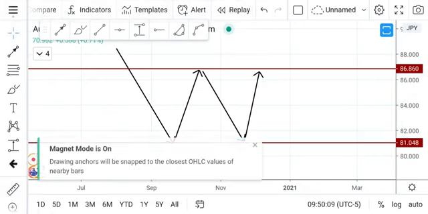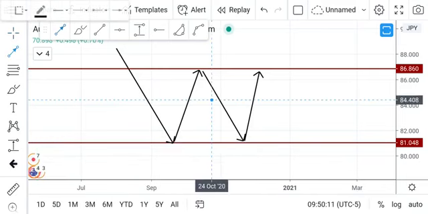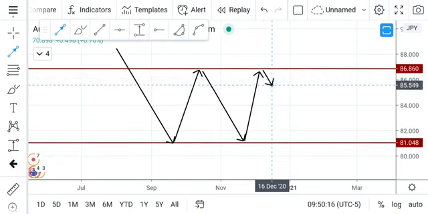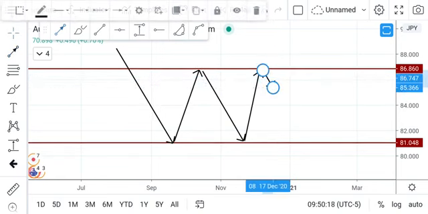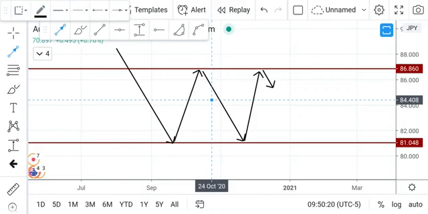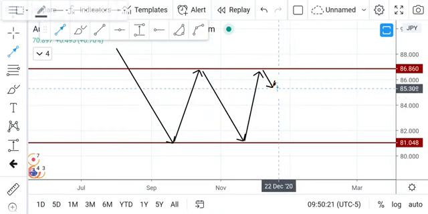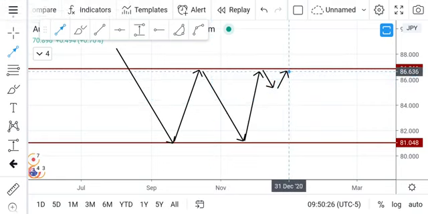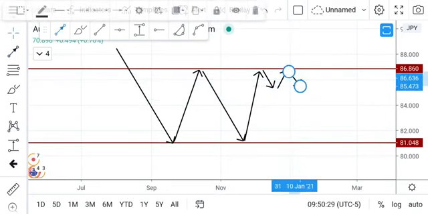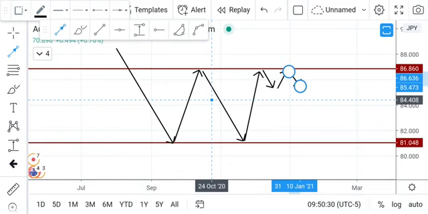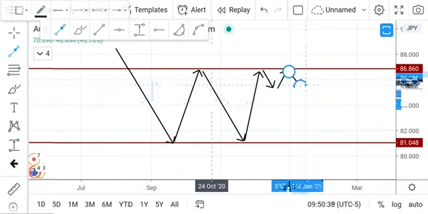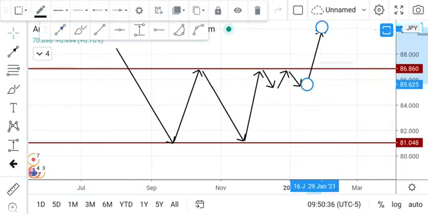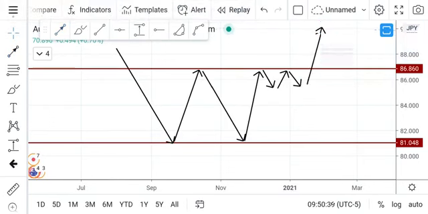Let's say sellers will try to push it down, but they won't have strength to push it, and buyers will take it to resistance again. Then sellers will try again to push it down. Then finally buyers will take it higher. So buyers are finally taking control over the market.